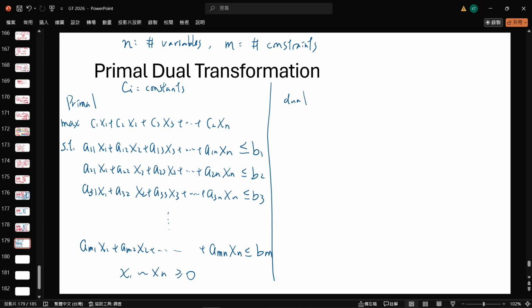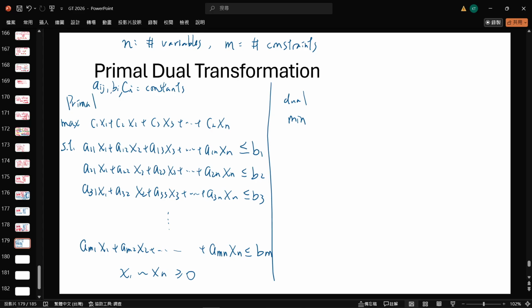By the way, this c_i, a_ij, b_i, these are constants. So these are not variables. Now for the dual problem, it's a minimization problem, and we have dual variables y1, y2 up to ym.